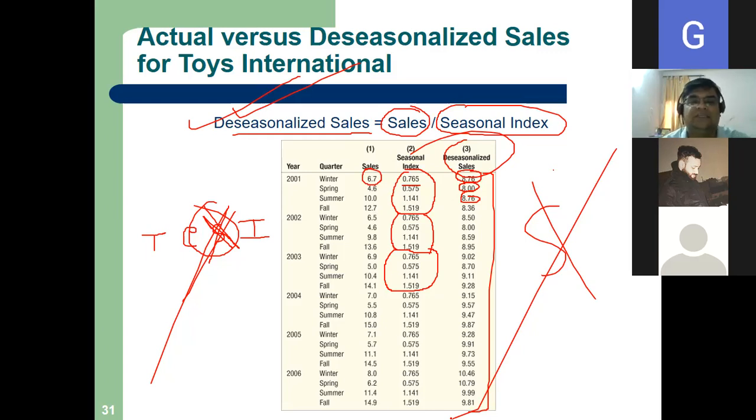Please respond. Is it clear? Yes, sir. So we are left with 2 topics. One is decision theory, another is linear programming. 2 topics are left before end term. We are approaching the end term.